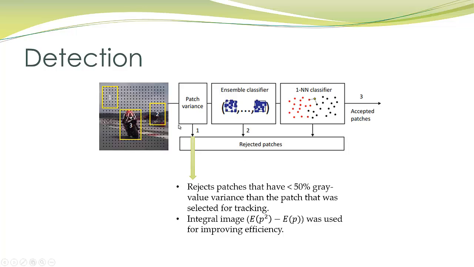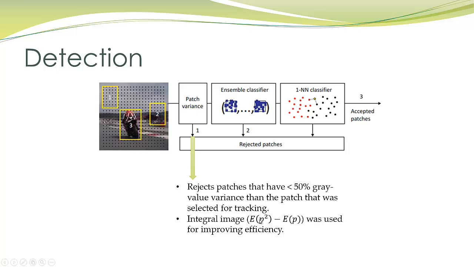The first is patch variance. Calculating variance is quite a computational task, so in order to increase the performance of this algorithm, the author designed a technique that uses an integral image.